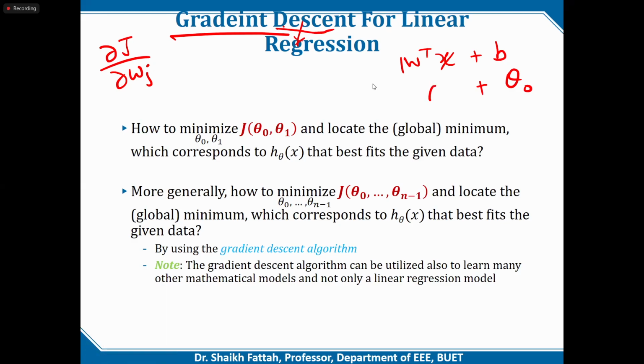We have to look for the minimum theta 0. We have to look for the desired theta 0, theta 1, to minimize our error.